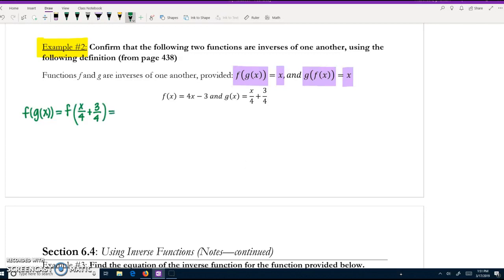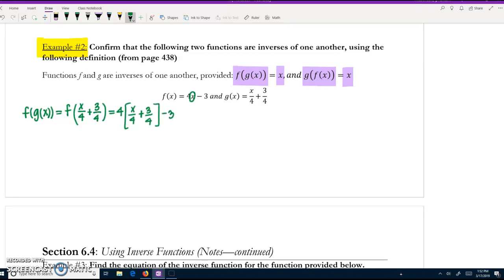And what that means is anywhere I see an x here, I'm going to replace that x with this entire operation. So this is going to become 4 times x over 4 plus 3 over 4. And then I'm subtracting off 3 at the end here.